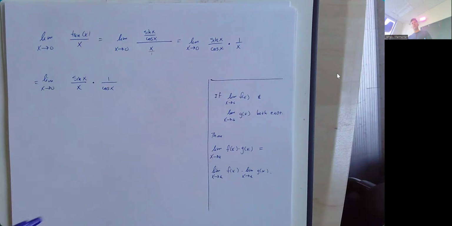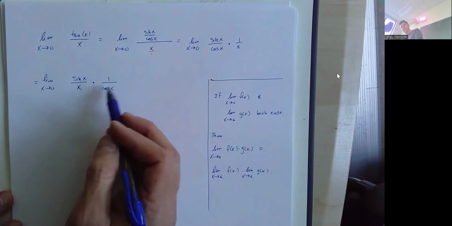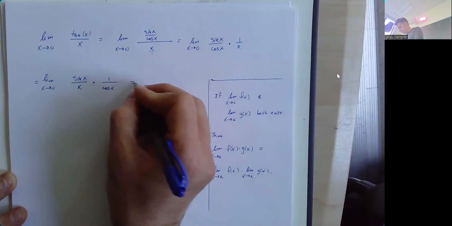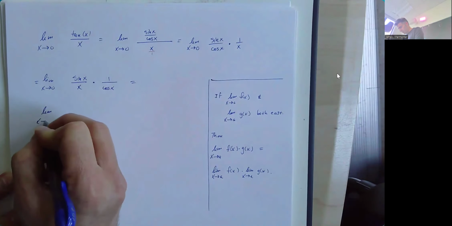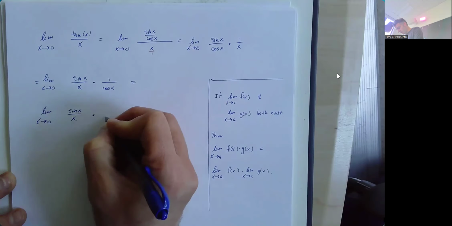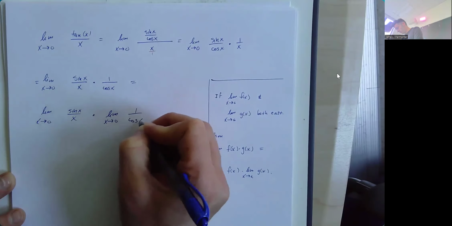So here, the limit of this sine of x over x times this 1 over cosine of x, assuming both limits exist, which we'll see if they do or they don't in a second, is equal to the limit as x approaches 0 of sine x over x times the limit as x approaches 0 of 1 over cosine of x.